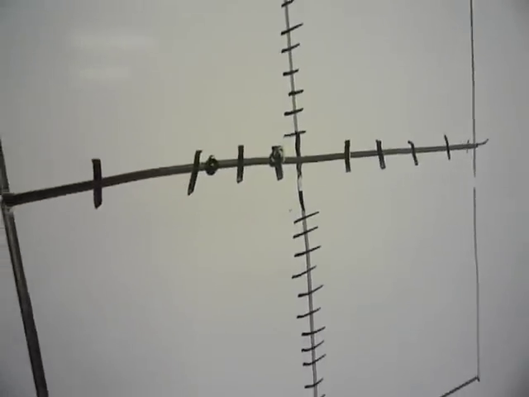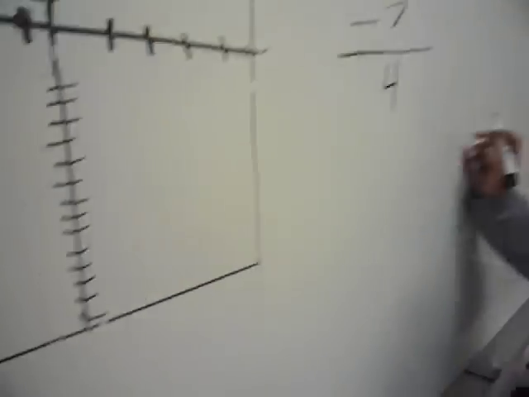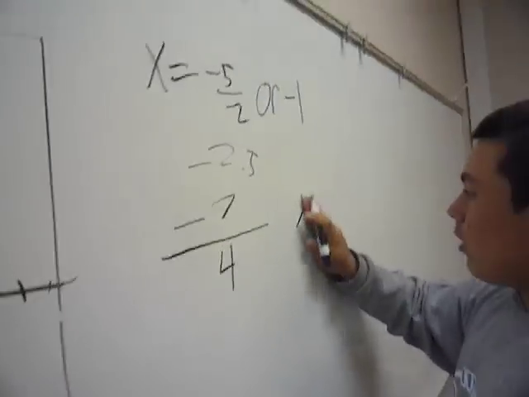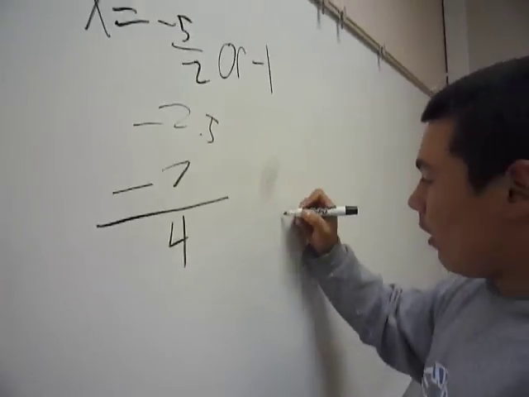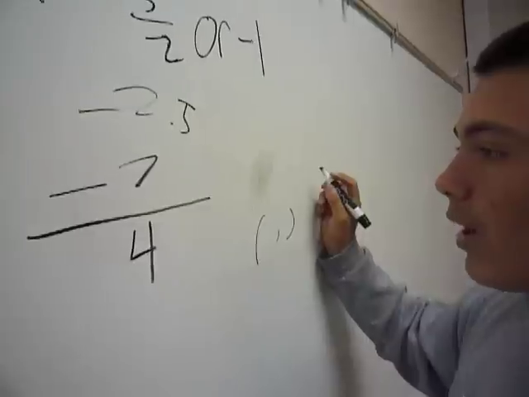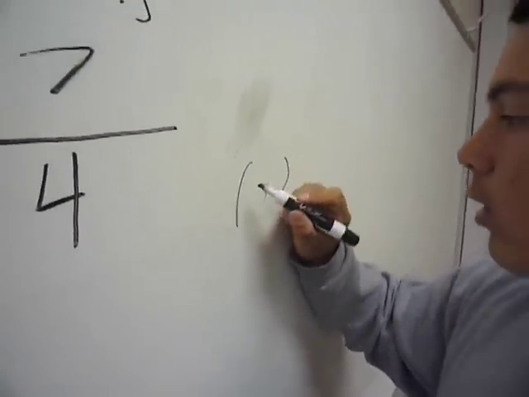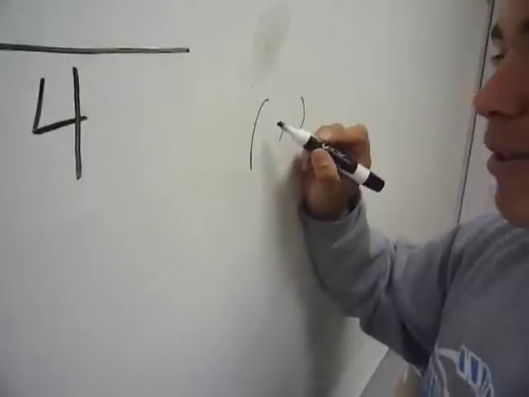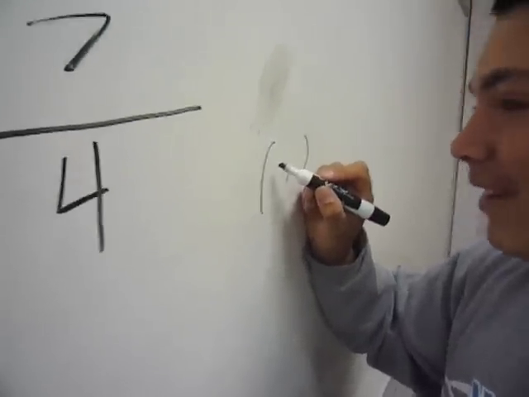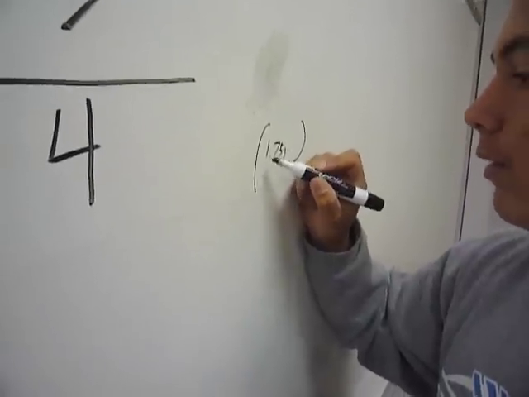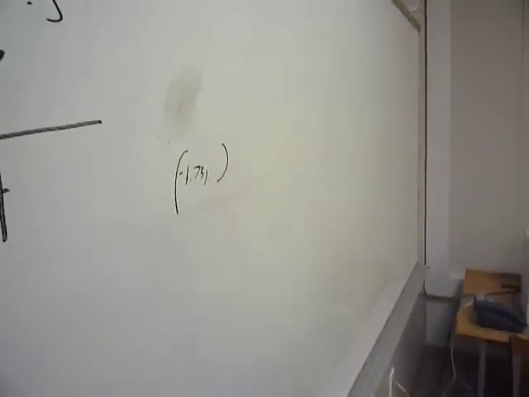Negative 7 over 4 is our x point on our vertex. So it'd be here. So negative 7 over 4, which also equates to 1.75, and it's a negative. Okay, so it's right there.